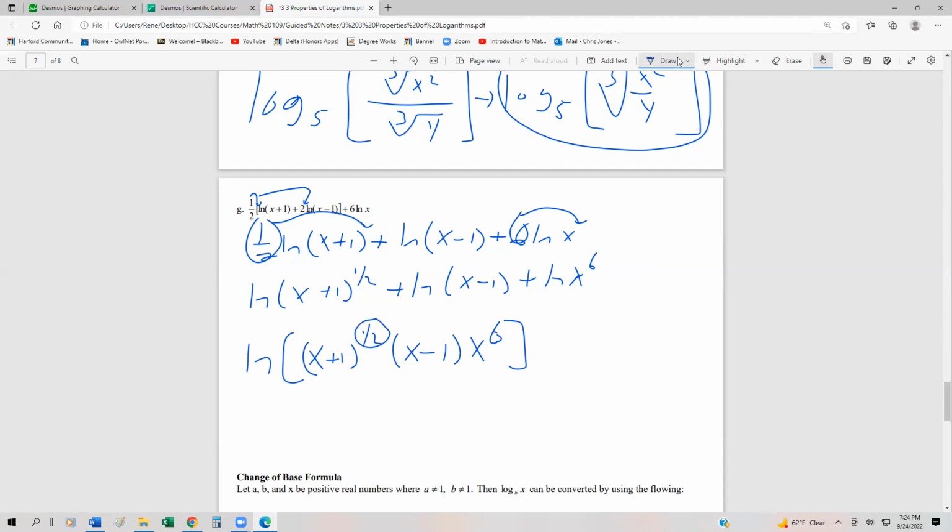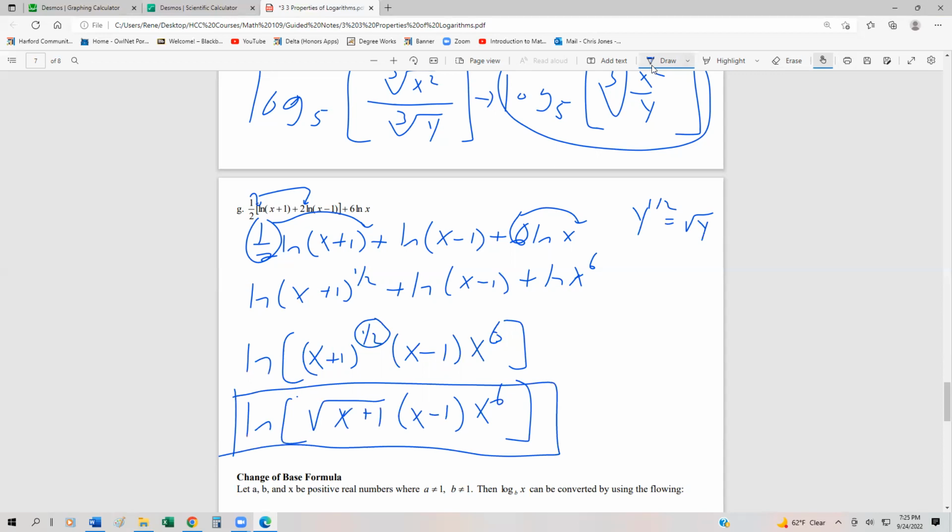Remember, if you have something like y to the 1/2, that's the same thing as the square root of y. So this is going to be ln of the quantity square root of x plus 1, times the quantity x minus 1, and then x to the 6th. All right, and that's probably as simple as we can write it without going through and doing any really horrible algebra to simplify.